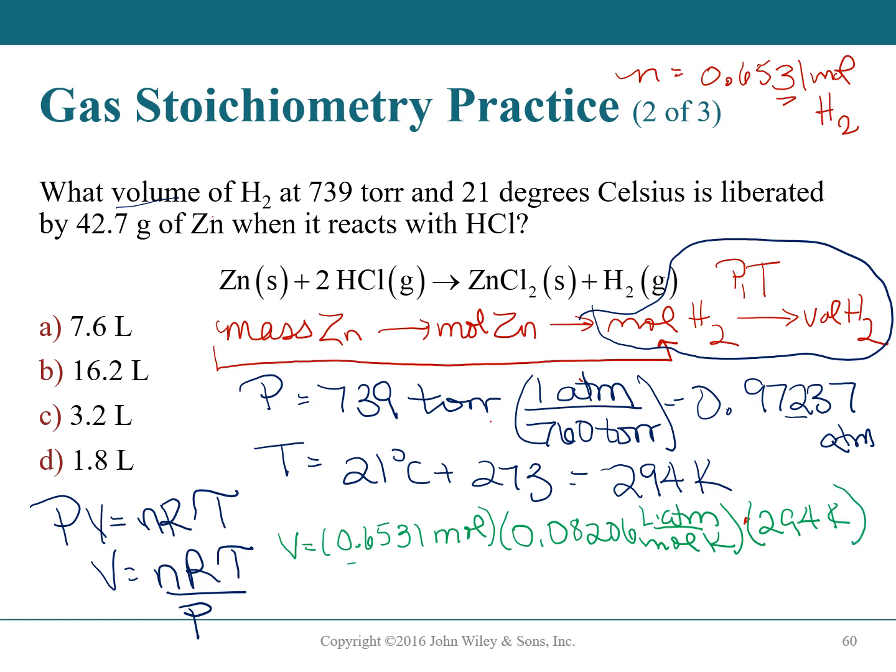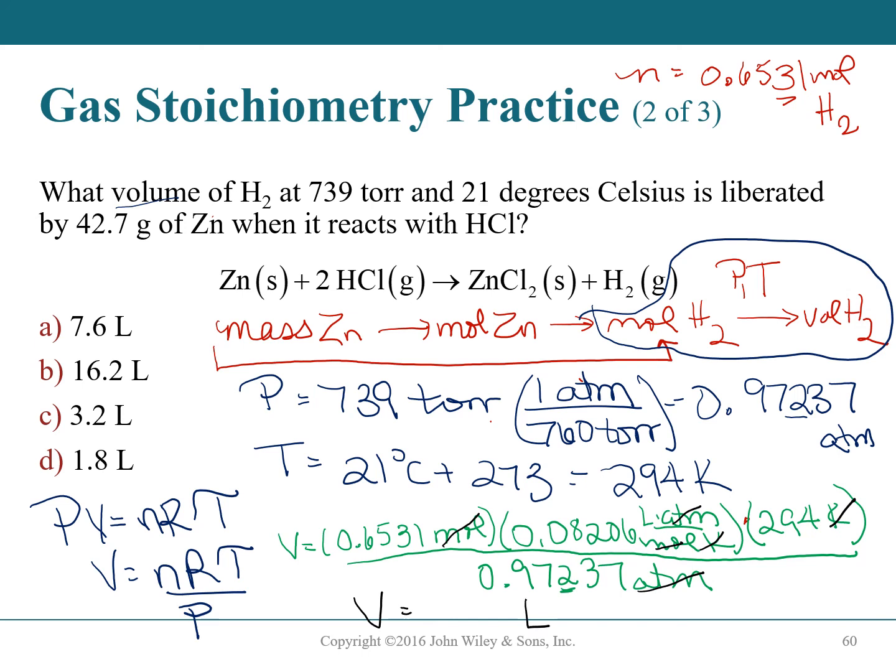Okay, and all of this is divided by our pressure, which we determined was 0.97237, but we want 3 significant figures, atmospheres. Okay, so will our units cancel out? Moles cancel out, atmospheres cancels out, Kelvin cancels out. So our units will be in liters.